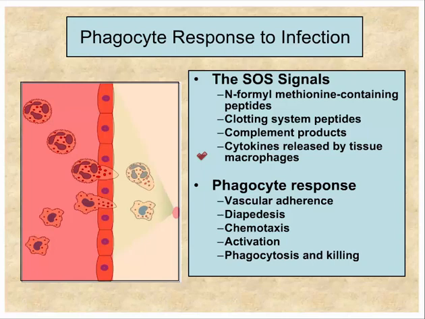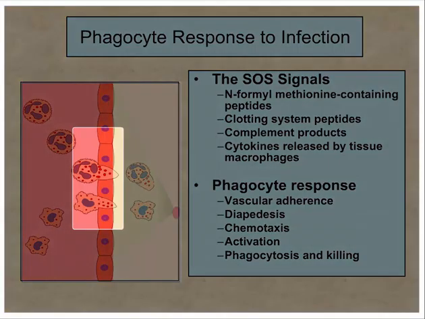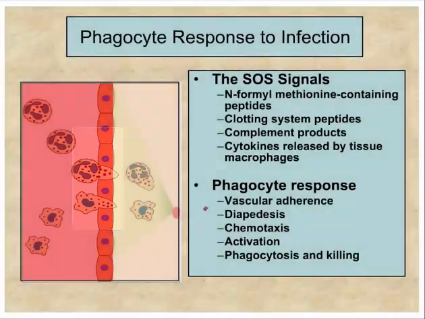And they respond in the following way. The first thing they do, macrophages and PMNs in the circulation will adhere to the endothelial cells. And the reason that they adhere is that these same signals actually also alter the endothelial cell to express new cell adhesion molecules.